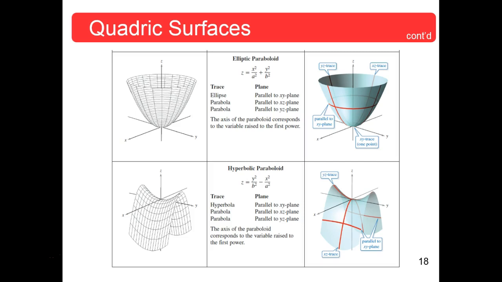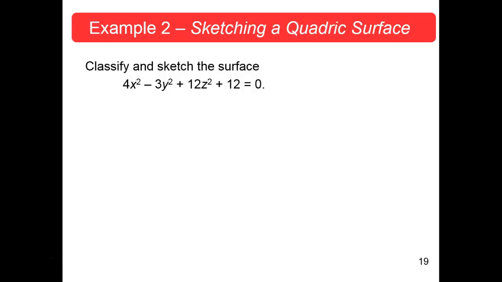Your traces along Z, perpendicular to the Z axis, which can be parallel to the XY plane, are always going to be hyperbolas. That's where the hyperbolic comes from. And then parallel to the XZ plane or the YZ plane, you get the parabolas, either opening upward or opening downward, depending on which plane you have. So those are the generic descriptions with the formulas. All right.